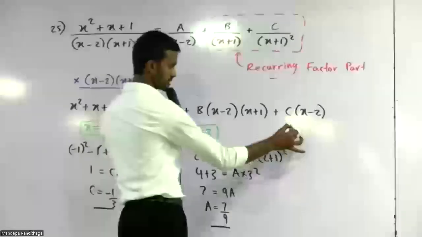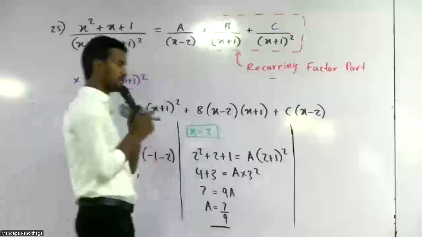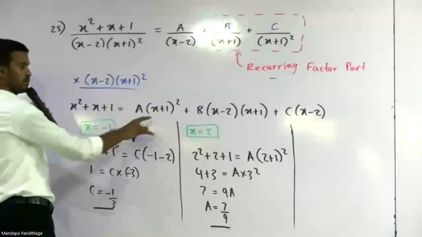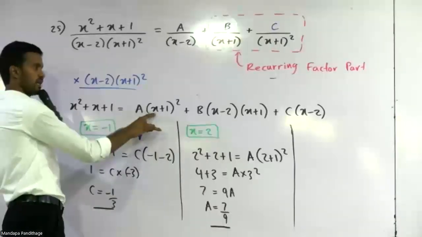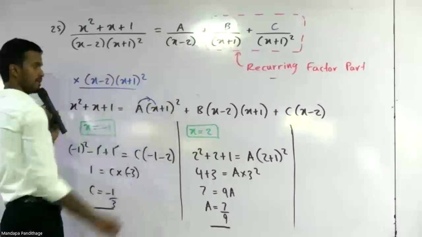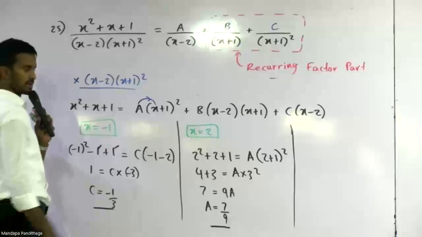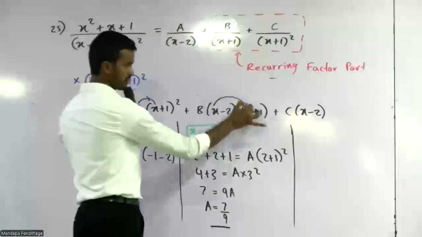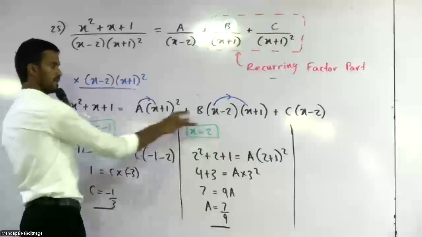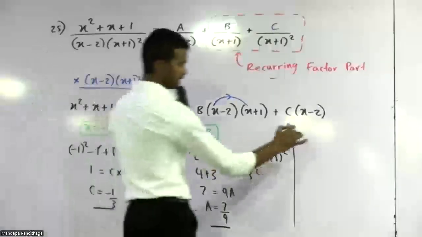Then there's no other value that you can substitute, so the same thing you can consider x squared. Now look at this. You get an x squared from here because when you square this, you get x squared, and there's another x squared from x into x. So here the x squared coefficient is a, and here the x squared coefficient is b.